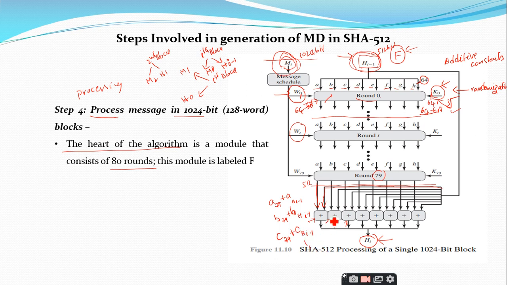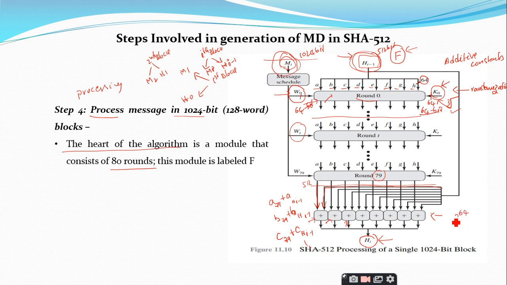And remember that the addition of this output of the 80th round and the initial buffer value is done independently for each of the 8 words in the buffer, and they should follow the addition modulo 2 power 64.